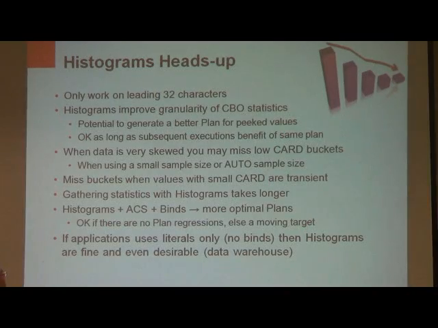Let me explain why. Let's take this as an example here. Imagine that we have 1, 2, 3, 4, 5 distinct values. And for this value, we only have a couple of rows among 1 million rows. If our sample size is small, sometimes this bucket disappears from the statistics.